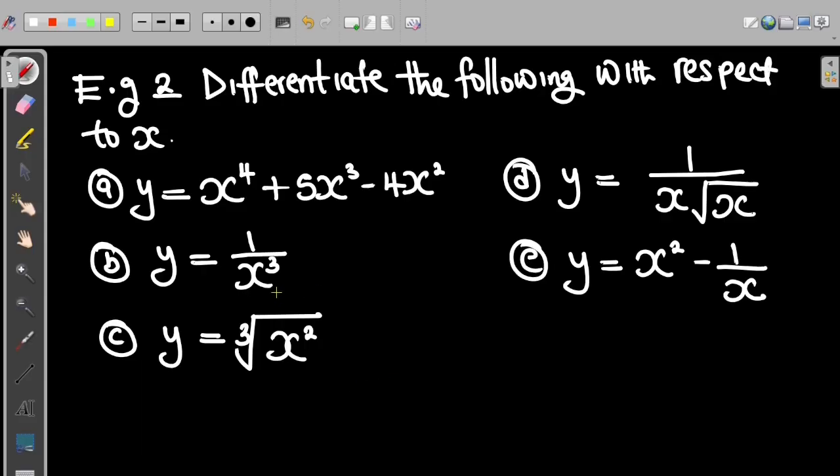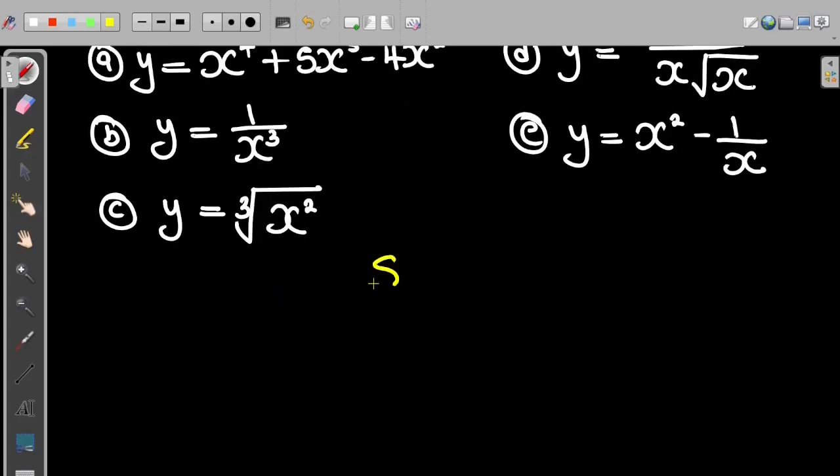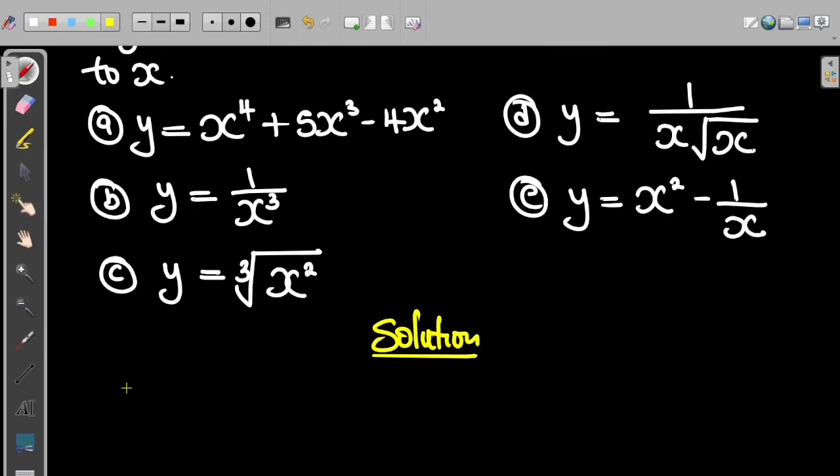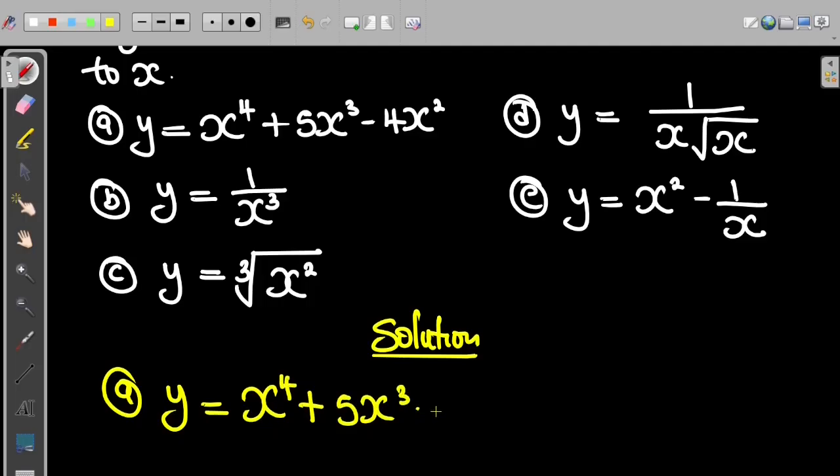So let's start with (a). For (a), we have that y is equal to x to the power of 4 plus 5x cubed minus 4x squared.